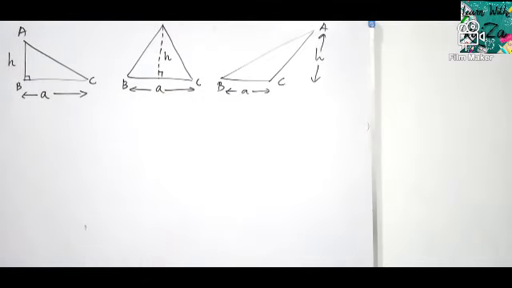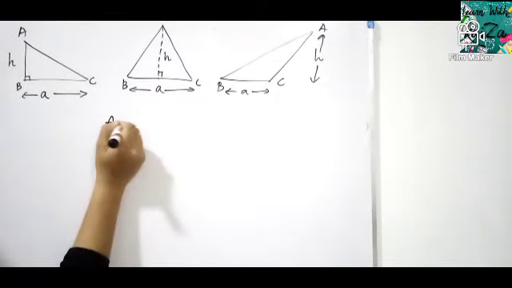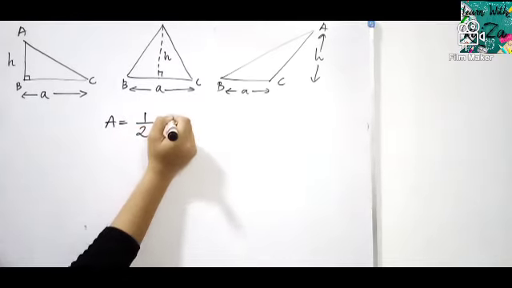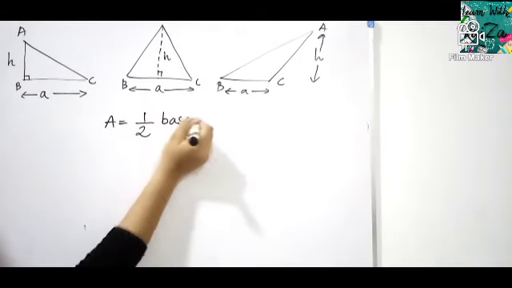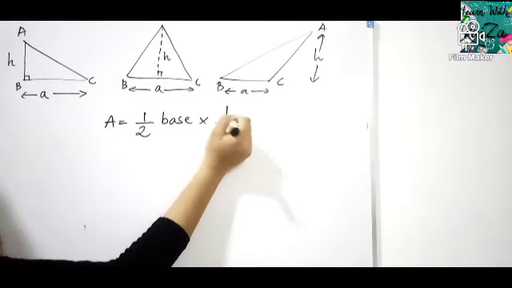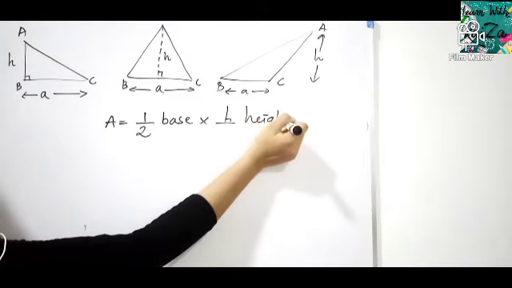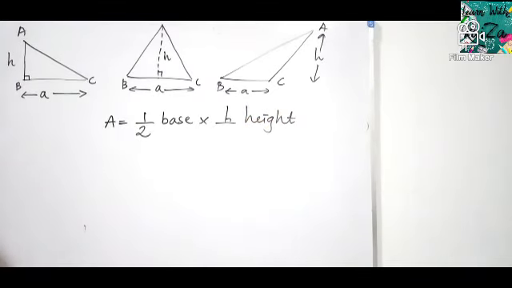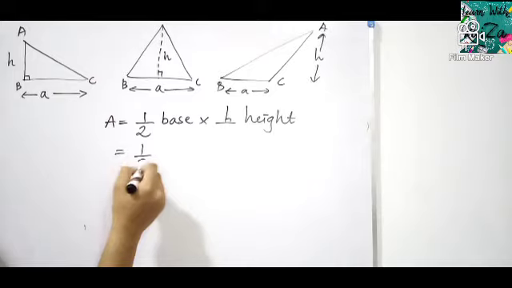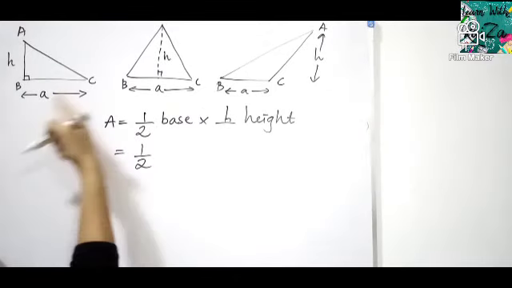We'll do more questions on bases, how to identify the correct base. As I told you before, the equation of all three triangles is half into base into perpendicular height. This is the common equation for the area of a triangle. So here, what is the base?